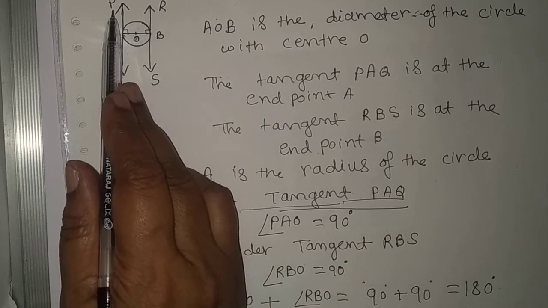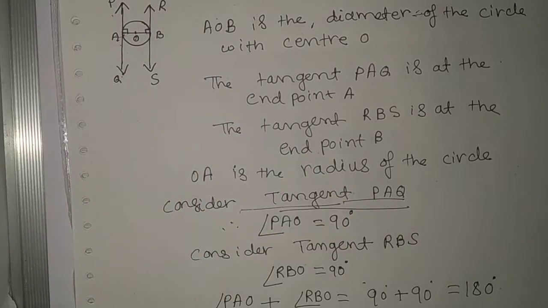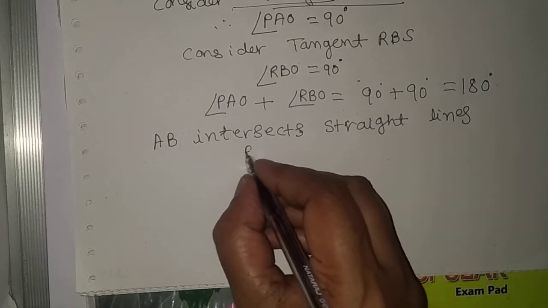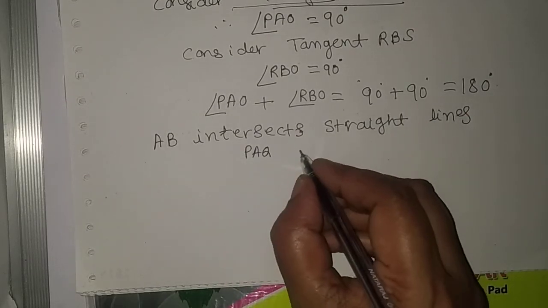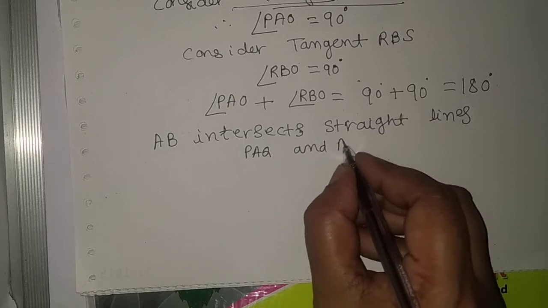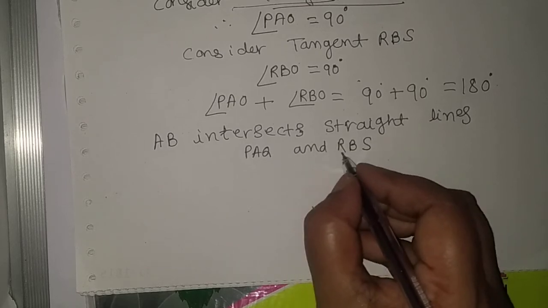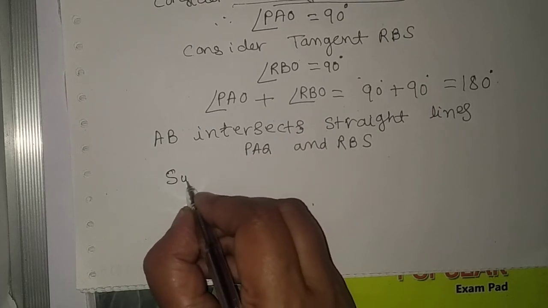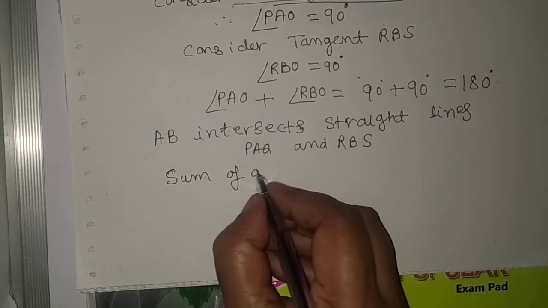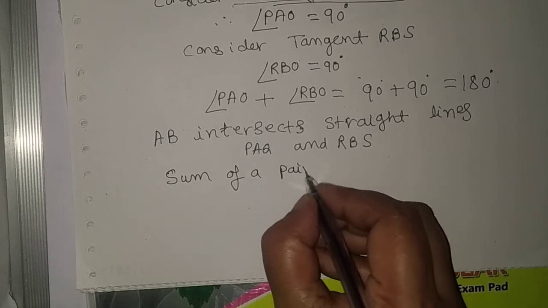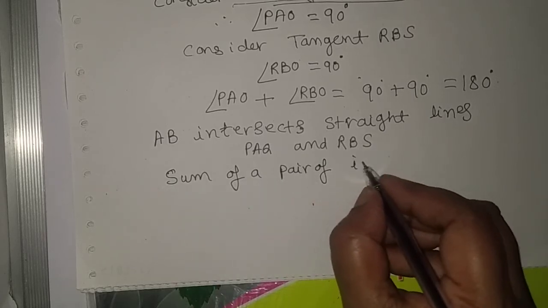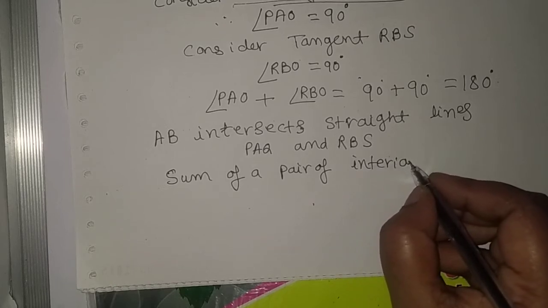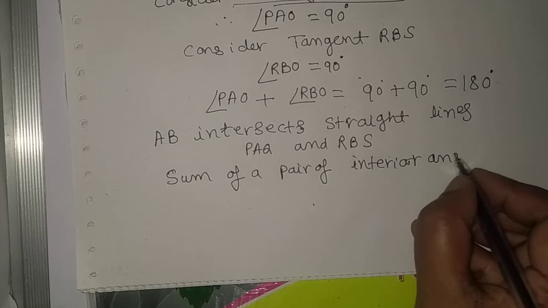This AB PAQ tangent or RBS tangent. So we can also write it as straight lines PAQ and RBS. Finally, we can write sum of a pair of interior angles.